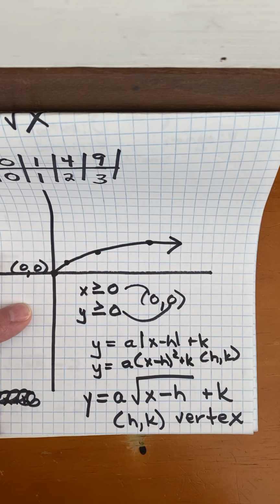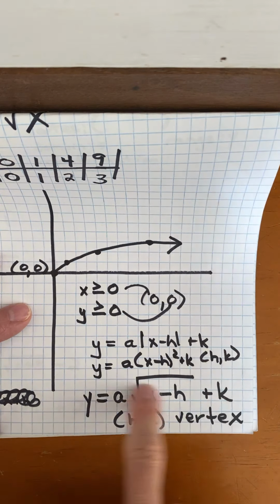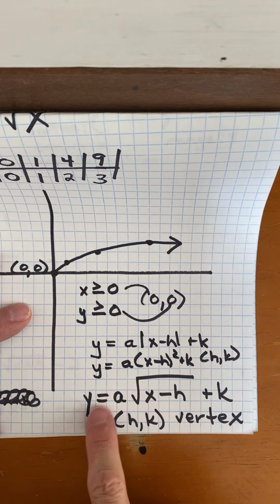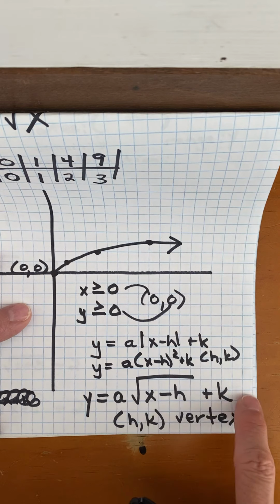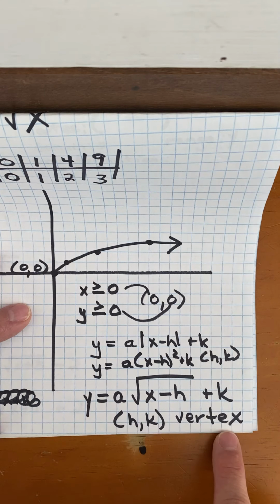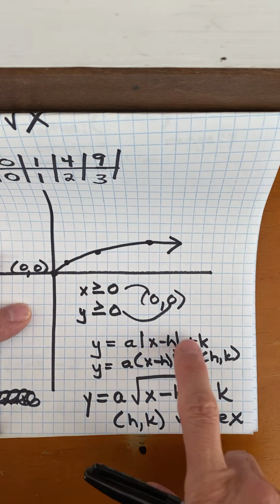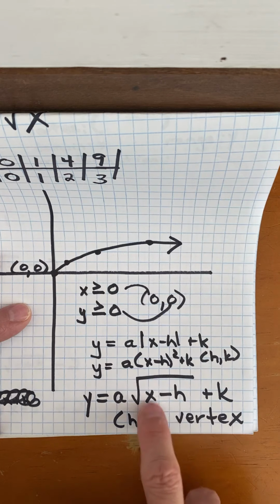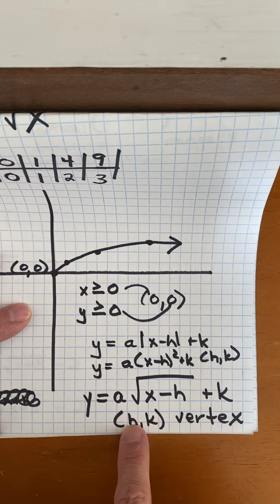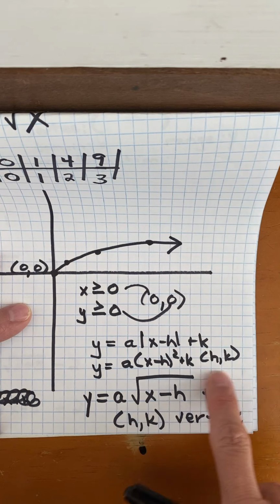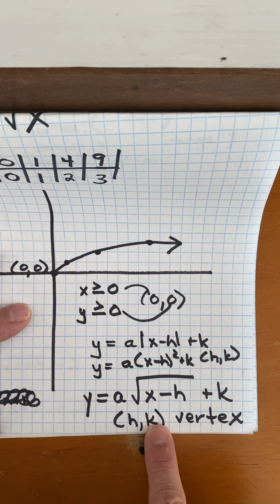And we had a vertex of (h, k). Well, this is what the square root function is. It's y equals a times the square root of x minus h, plus k, where (h, k) is the vertex. So it looks very similar. We find the value underneath the square root with x, and we use the opposite of it for the x value of the vertex, and then whatever's on the outside is the y value of the vertex.